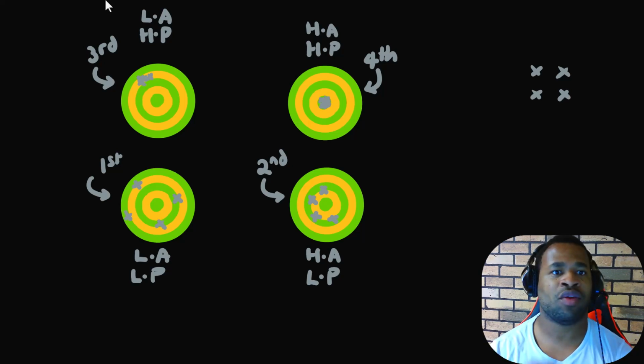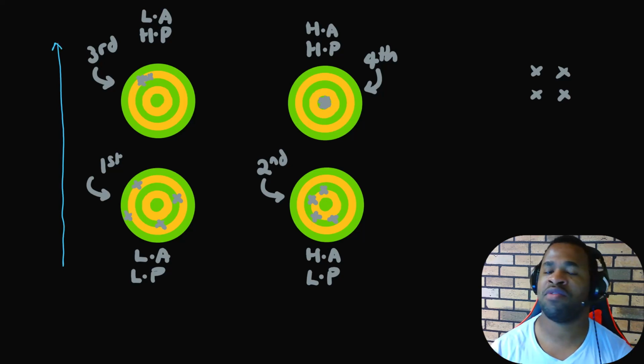Another scenario is adding the x and y axes. Here we have the y-axis, which represents our precision, letter P, going from low to high precision.